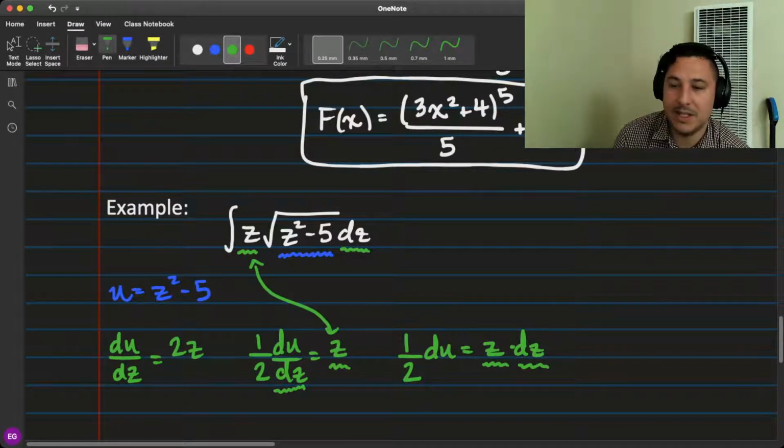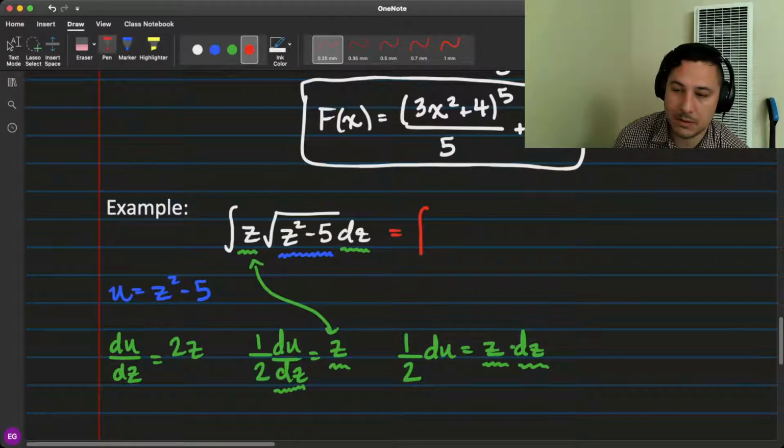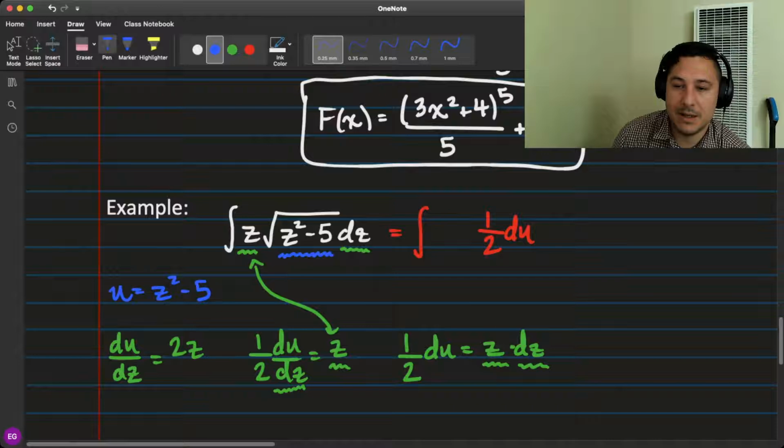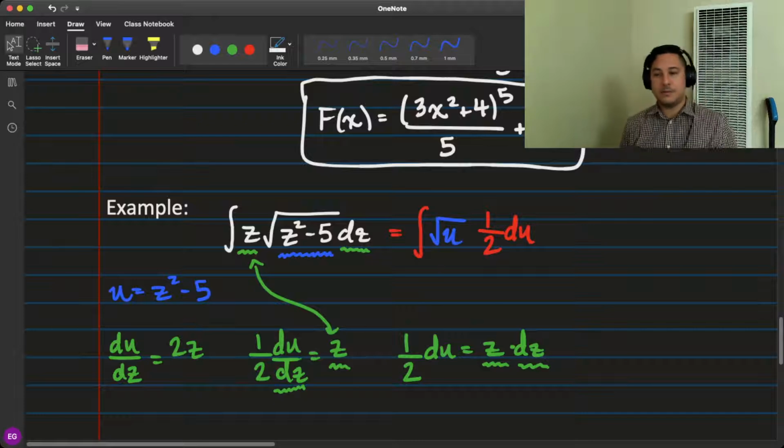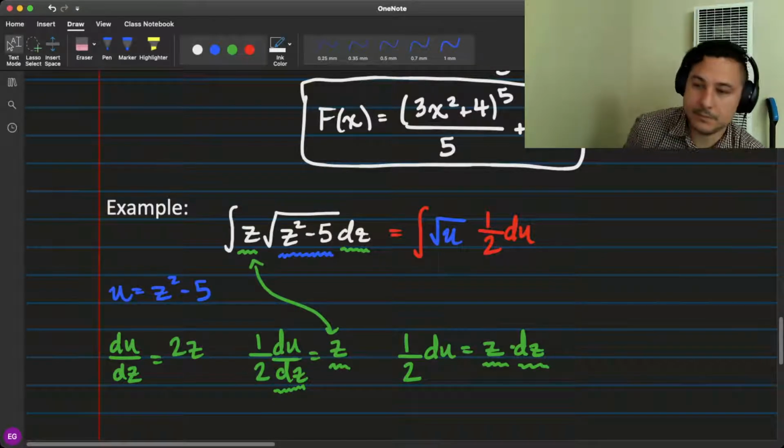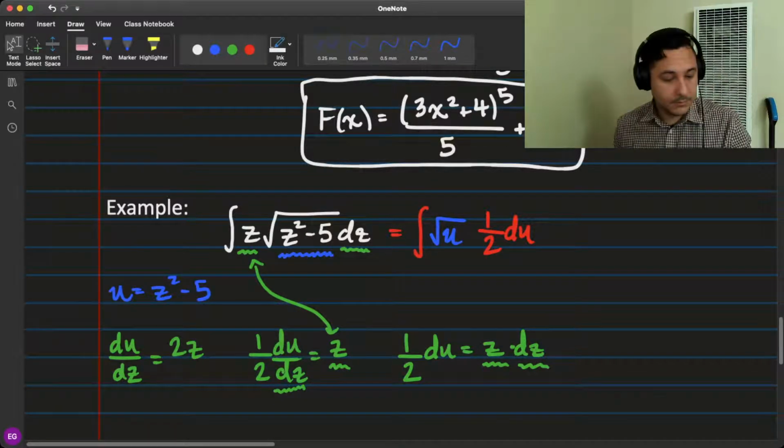So what can I replace those two things with? 1/2 du. So the z and the dz can be replaced with 1/2 du, and the square root of z squared minus 5, that's the square root of u. So let me pause.